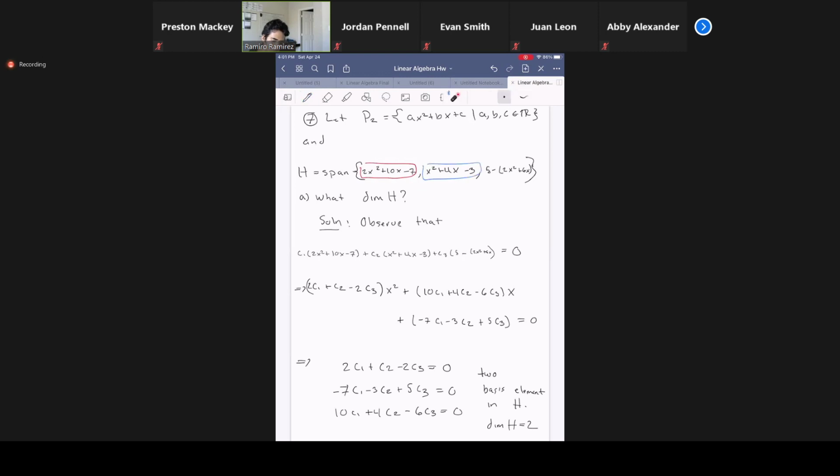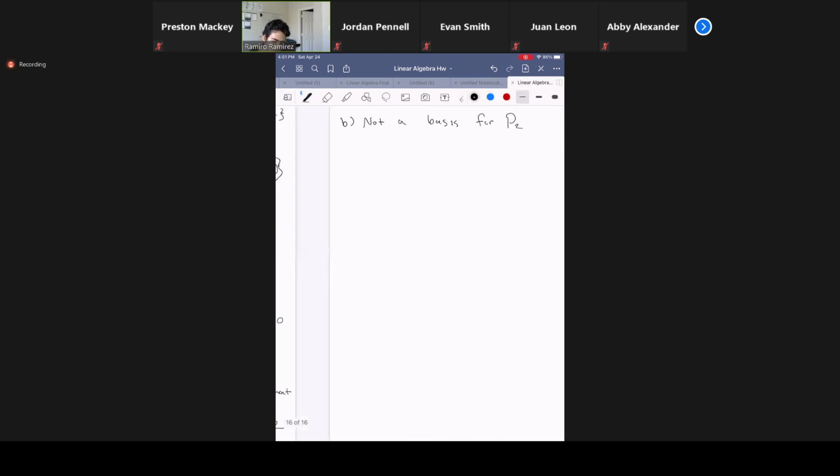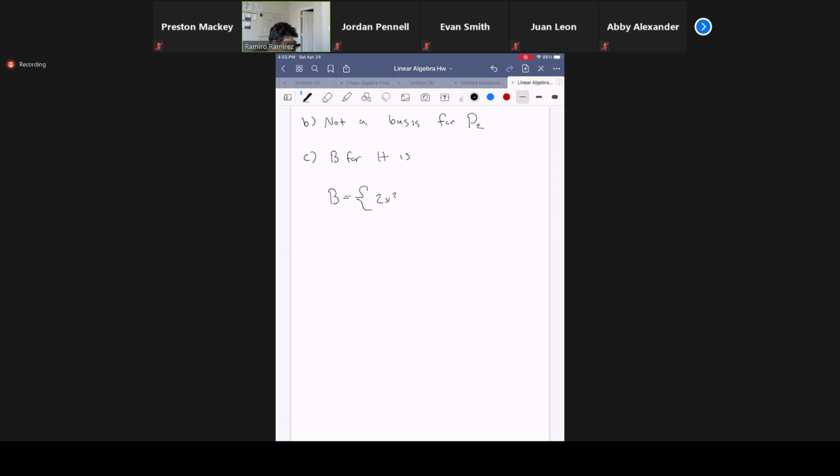So the only basis that we have here for H is B, which is going to equal 2x squared plus 10x minus 7 and x squared plus 4x minus 3.